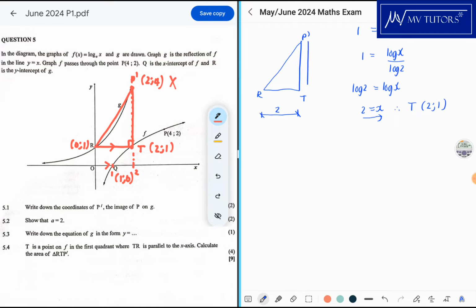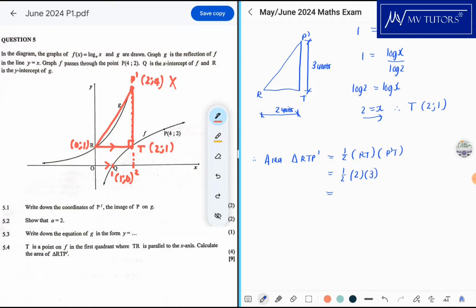And the distance between P prime and T, T's y value is 1, P prime's y value is 4. So that would be 3 units. So therefore, the area of triangle RTP prime is half base, which is RT, times height, which is P prime T. We know that RT is 2 units, P prime T is 3 units.